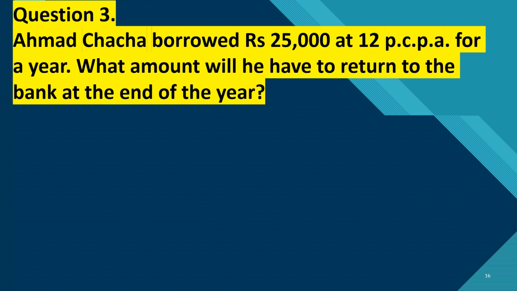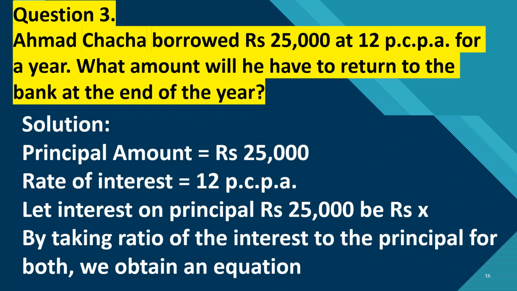Question number 3. Ahmad Chacha borrowed rupees 25,000 at 12% per annum for a year. What amount will he have to return to the bank at the end of the year? So let's find out. The principal amount is rupees 25,000, rate of interest is 12 PCPA.